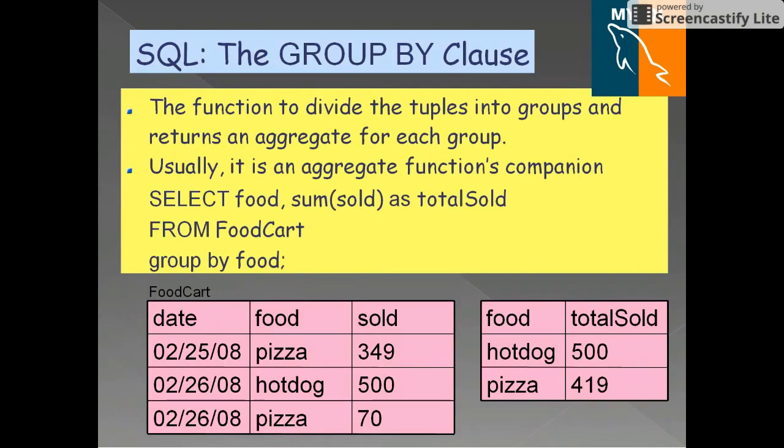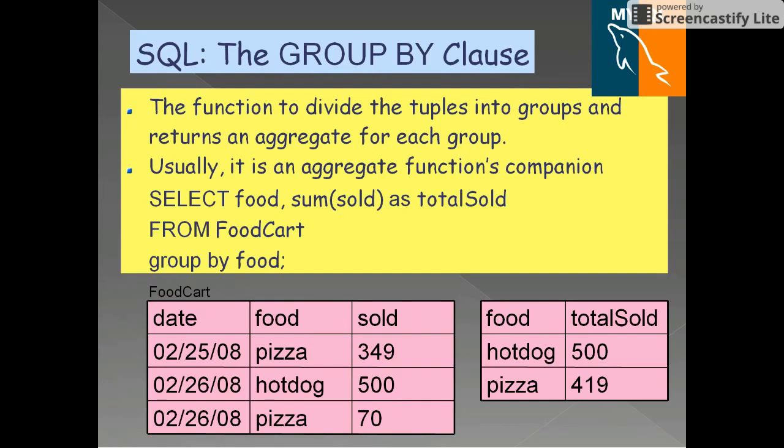Then we can use the GROUP BY clause. Here comes the GROUP BY clause, which is a function to divide the tuples into groups and returns an aggregate for each group. For example, in our table food cart, we have 3 rows, having the columns date, food, and sold.